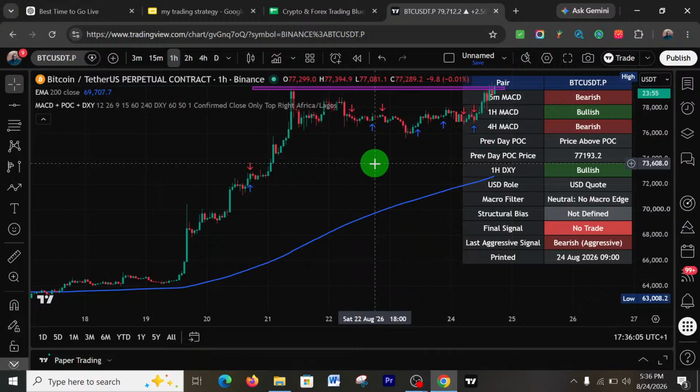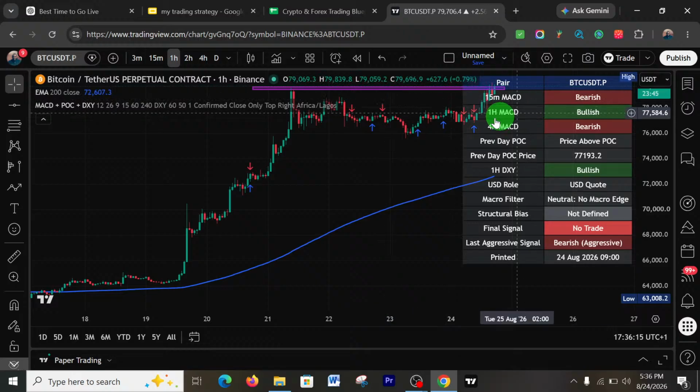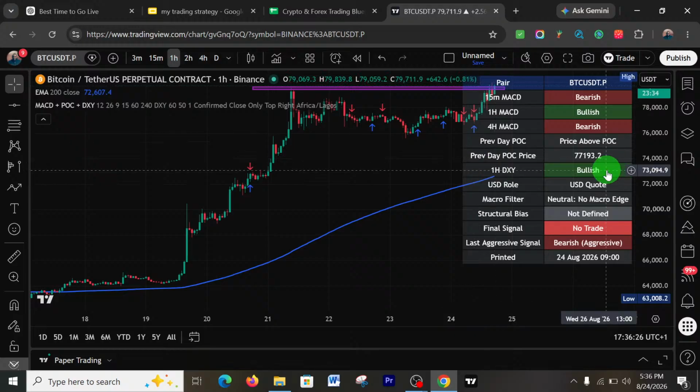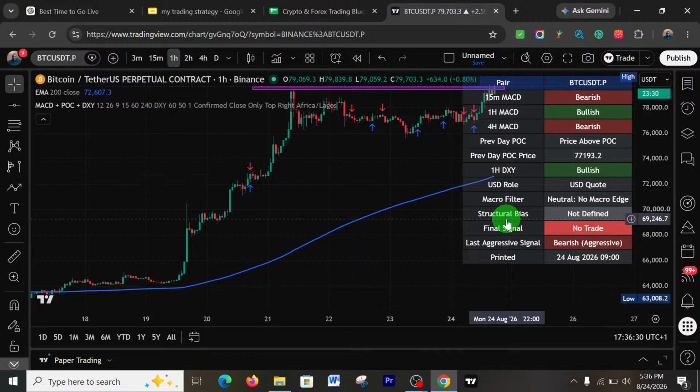Same thing in a downtrend or a bearish trend, where you see that the 15 minutes MACD is bearish, 1 hour is bearish, 4 hours is bearish, price is below POC, and then the DXY is bullish, then it will print structural bias bearish, final signal bearish aggressive.